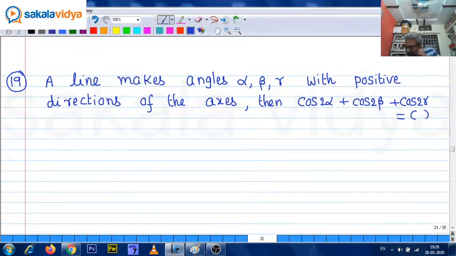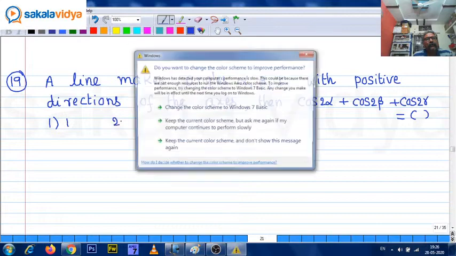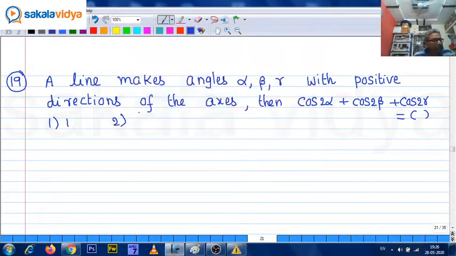It takes time, Pramila. Okay, now the first option is 1, second option is 2, third option is minus 1, fourth option is 0.